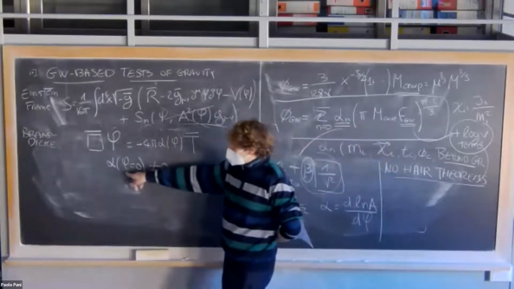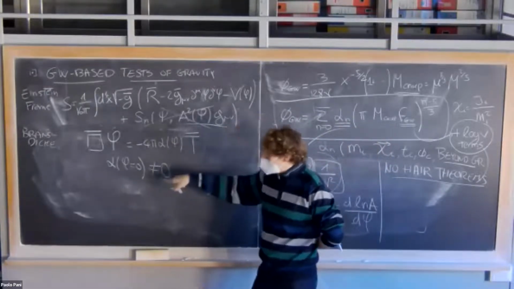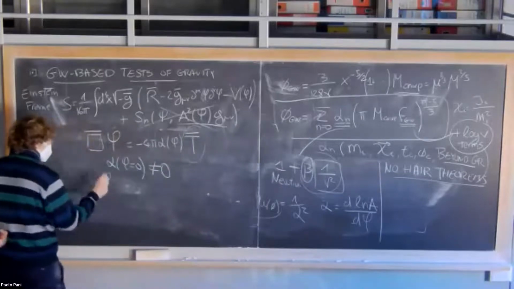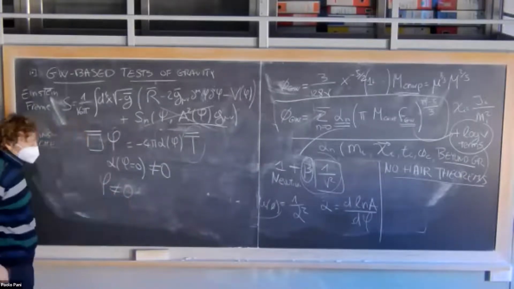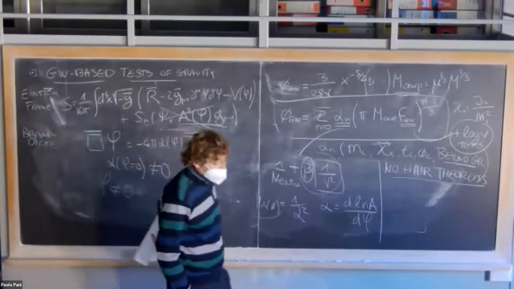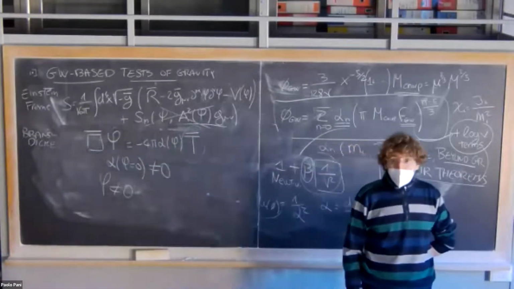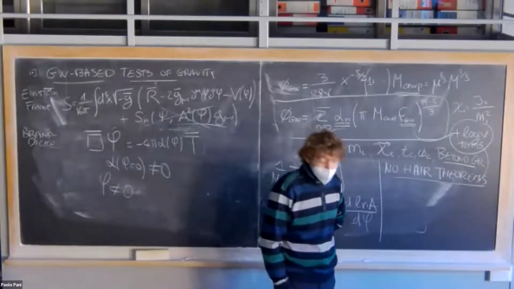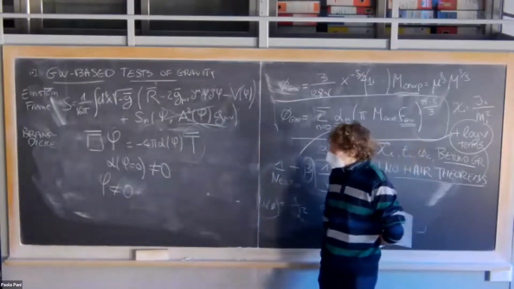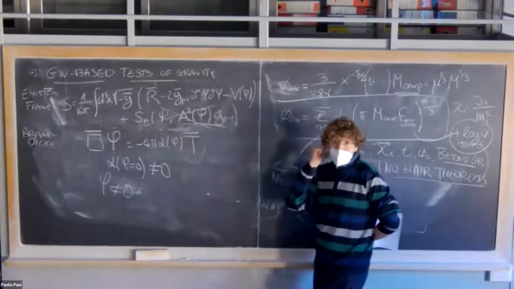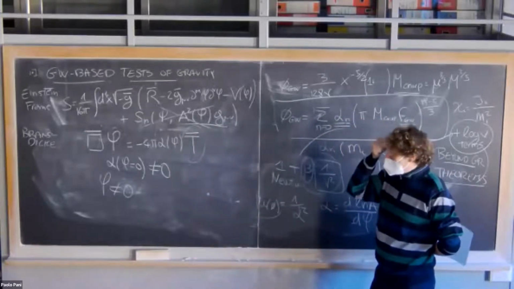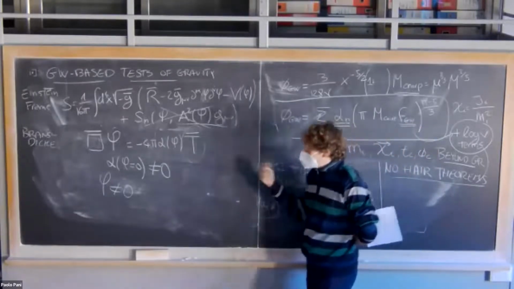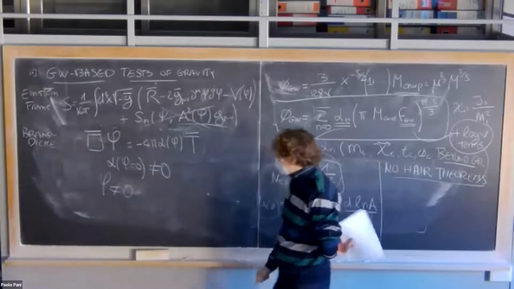So this tells us that whenever we have matter in scalar tensor theory, we also have a non-trivial scalar profile, and in particular it can be shown that neutron stars, or whatever stars, generically in these theories might have scalar charge, so they might have an extra parameter that tells us how much scalar field is sourced by these neutron stars.